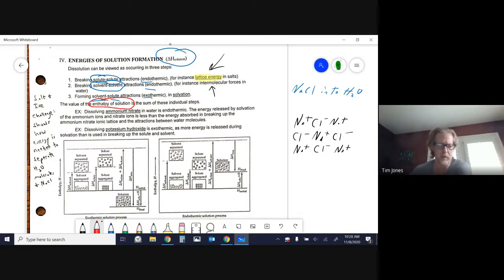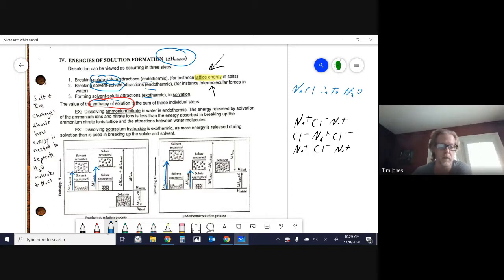And so I found this diagram on the internet. It's a little blurry, but it should help. What they've done is they have the solvent and the solute being broken, and notice these arrows are always requiring energy.